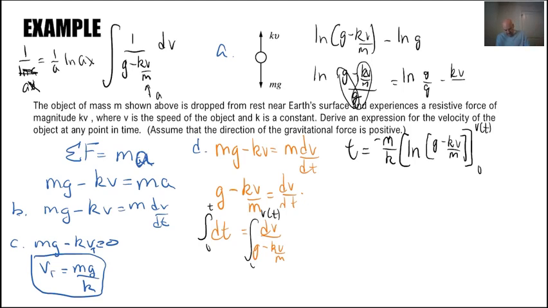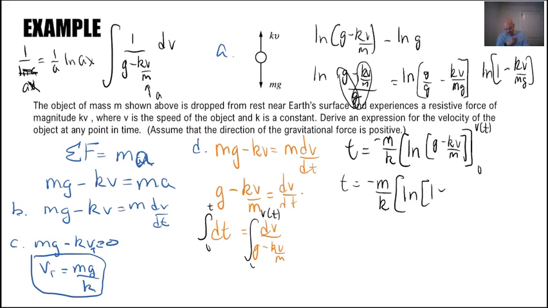Minus kv over mg. We end up with natural log of 1, all right, minus kv over mg. Okay, so when I reduce that, what's there in the brackets, that's what I reduce it down to. So negative m over k, natural log of 1 minus kv over mg. Okay.